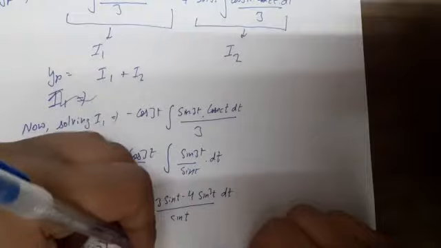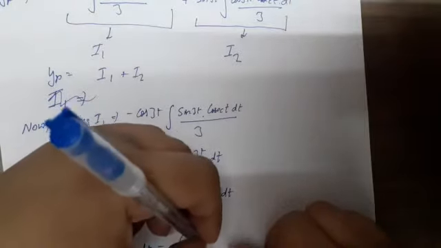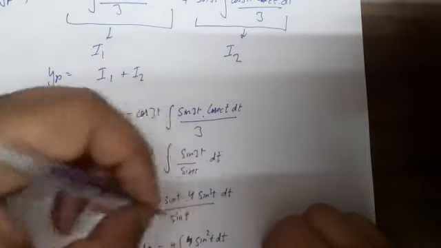On separating the terms, we get integration of 3 dt minus integration of 4 sin square t dt.